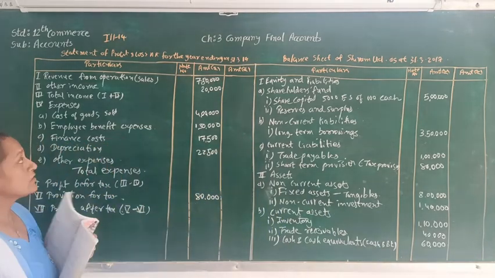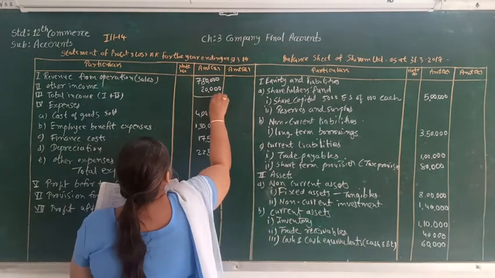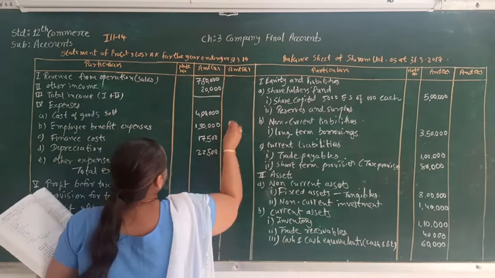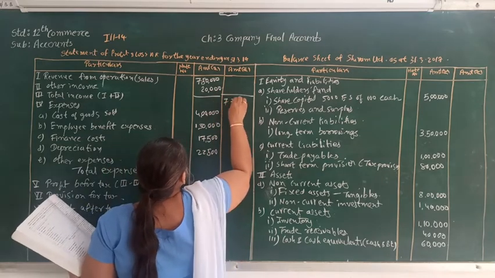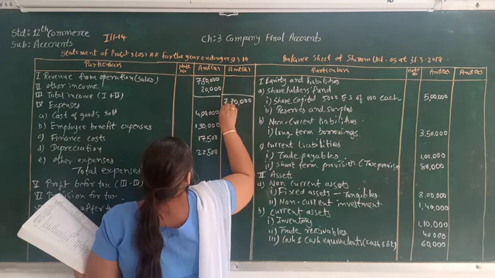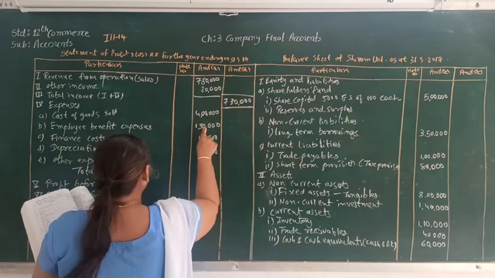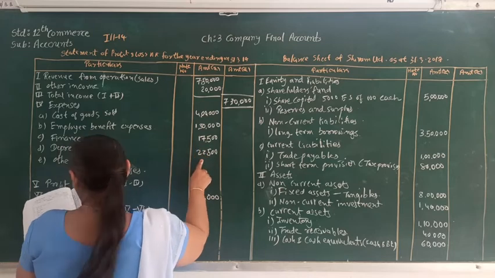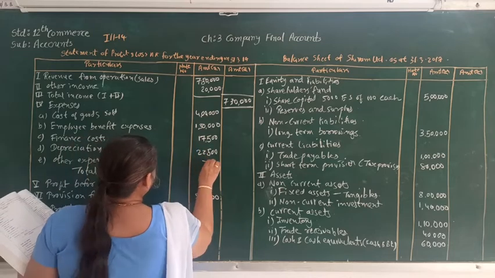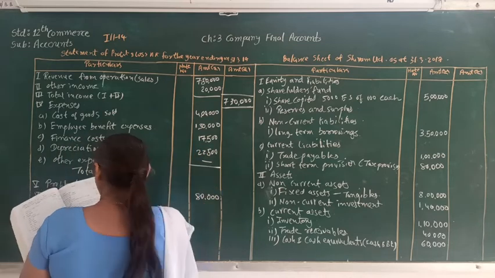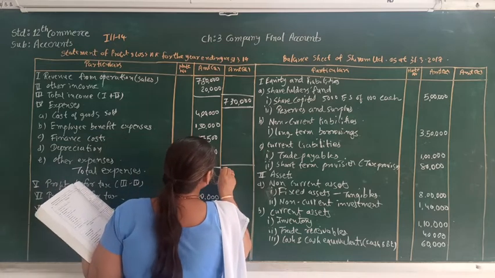Now let's make the total. So here 7,50,000 and 20,000, so total will be 7,70,000. Then from 7,70,000, if we deduct 4 lakh, 1,30,000, 17,500, and 22,500, the total of that will be 5,70,000.